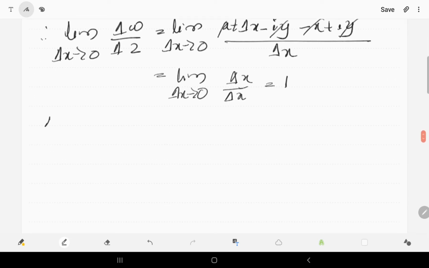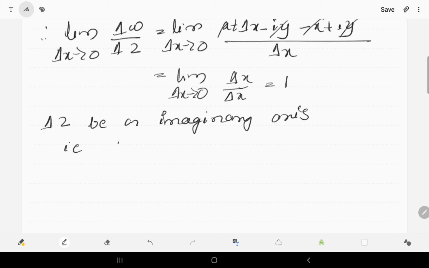Next, when delta z is on the imaginary axis, that is delta y tends to 0, which implies that delta x is equal to 0.